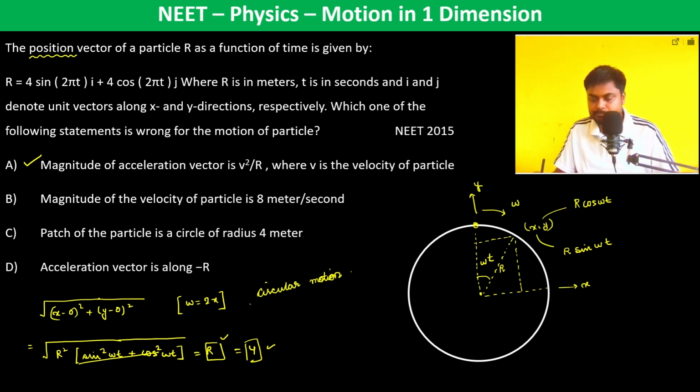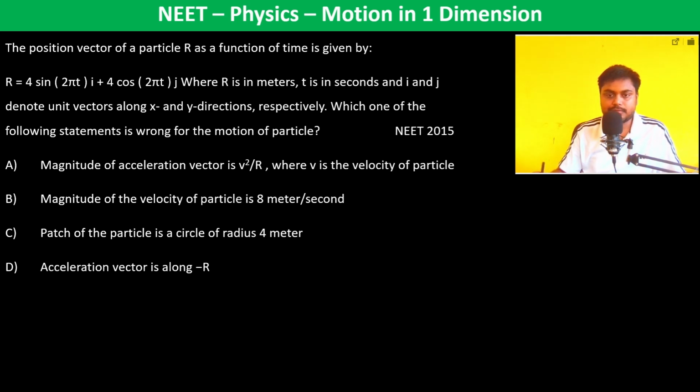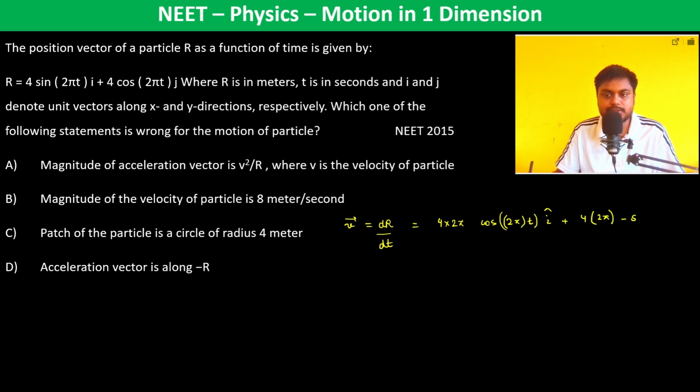So we have velocity vector equal to dr by dt, which is equal to 4 into 2 pi cos 2 pi t i cap plus 4 into 2 pi minus sine 2 pi t j cap.